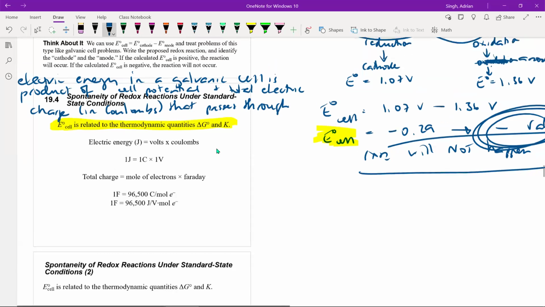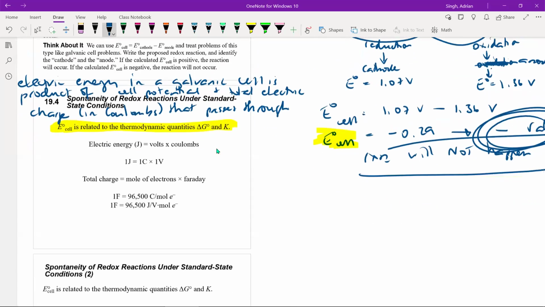Okay, so we've talked about the fact that in that galvanic cell, chemical energy is converted to electric energy, right? So that's kind of where we started this whole discussion at the beginning. We said electrochemistry is seeing how chemical energy is converted to that electrical energy.